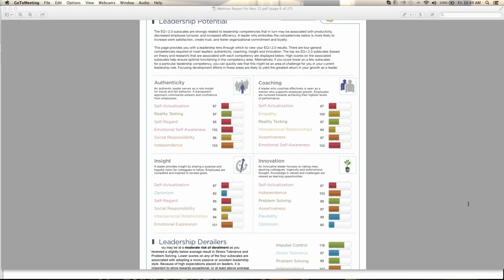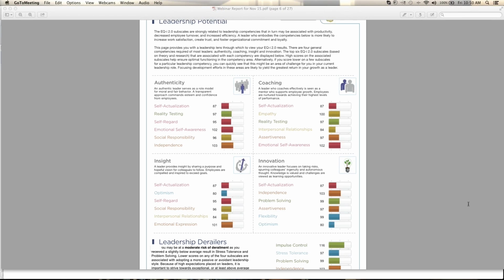Question, what are some of the questions you ask an individual when evaluating their emotional intelligence? Great question, and I think that could be interpreted 2 ways. You might be asking about what are some of the questions on the EQi, which are statements, things like I am in touch with my emotions, for example, or I can say no when I need to.